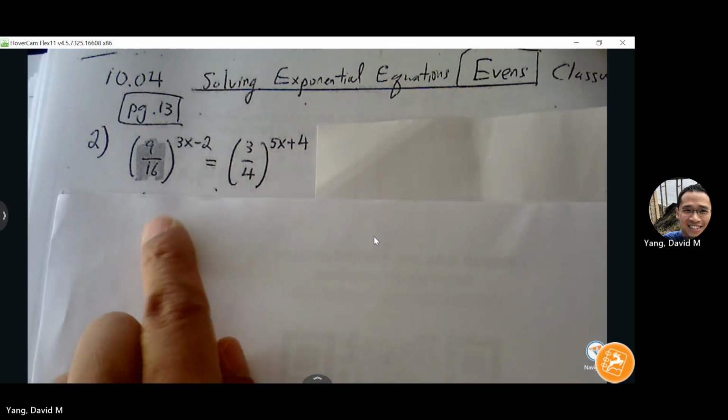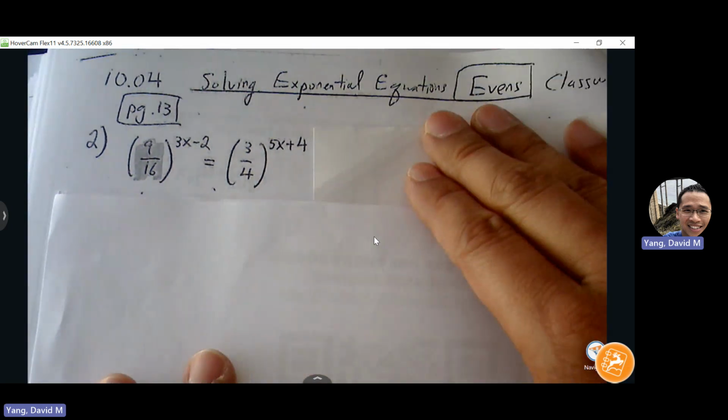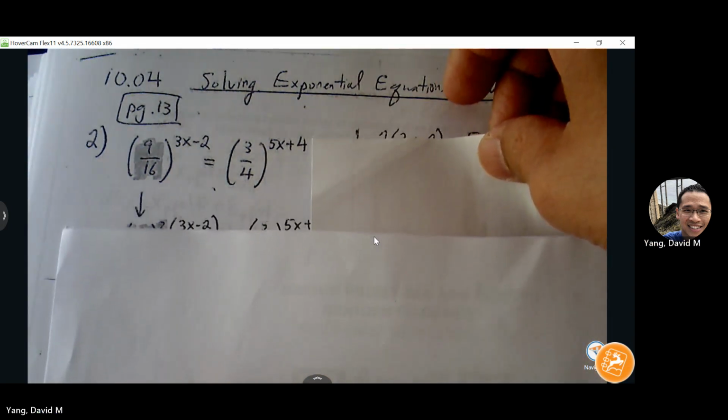And if you're deciding which one should I change, it's easier to change from something larger to smaller. So looks like that 3/4, we can't make that any smaller, but that 9/16, we can do something with it. So how else can you represent 9/16? Yeah, so 3 squared over 4 squared, or in other words, 3/4 quantity squared.